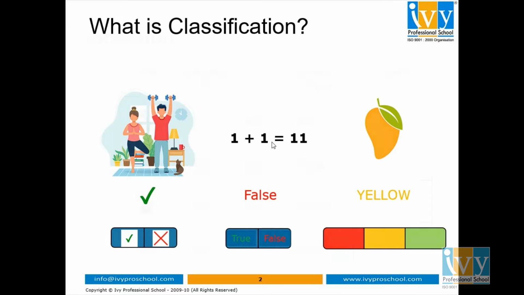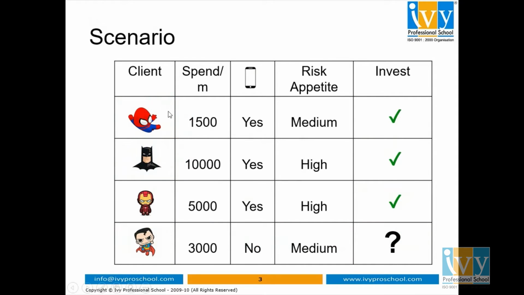Let's see an example. In this example, Spider-Man, Batman, Iron Man and Superman all go to a wealth management firm with all their details, like how much money they can spend per month, whether they have a smartphone or not, and their risk appetite. I mean, how much risk they are willing to take to invest in a mutual fund, because we know that investment in mutual funds is subject to market risks.